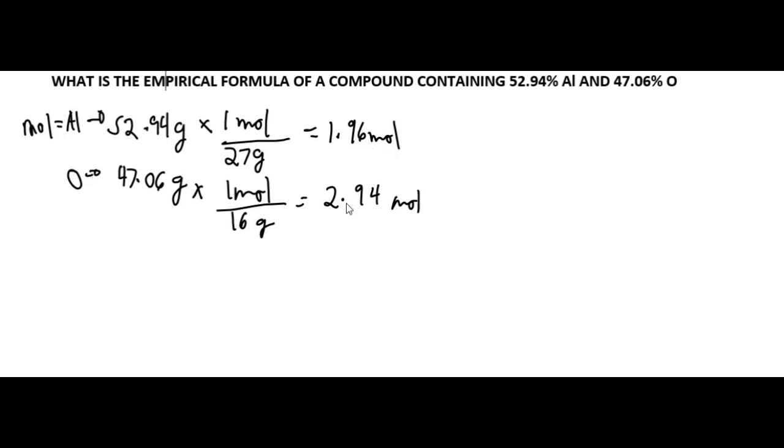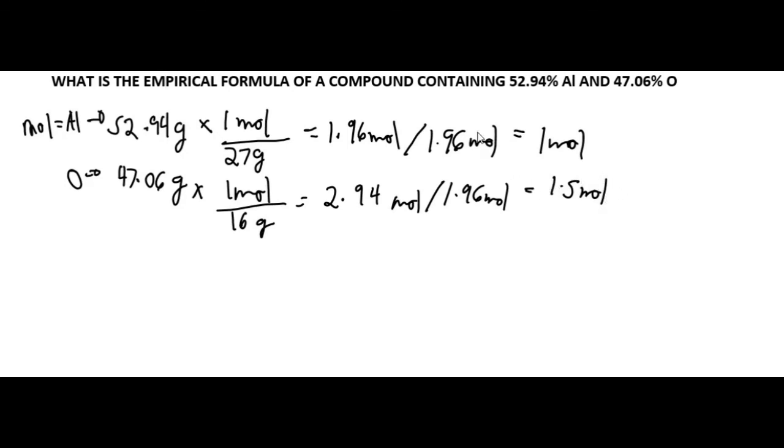Aluminum or oxygen? If you answer aluminum, you're correct. So let's divide by the moles of the smallest element. So 1.96 moles divided by 1.96 moles, so we will get 1 mole of aluminum and 1.5 moles of oxygen.